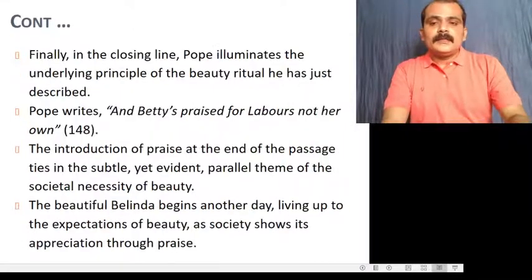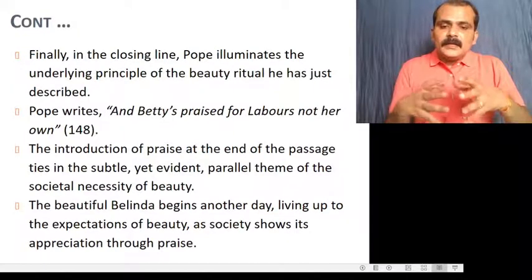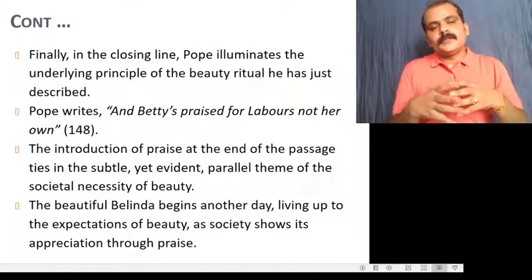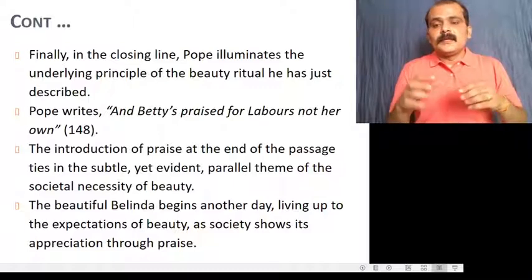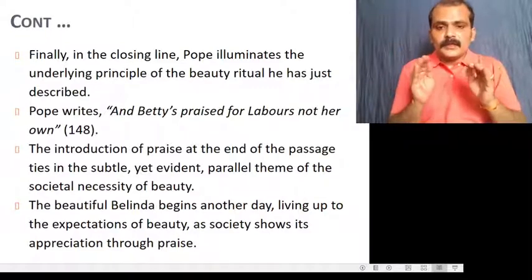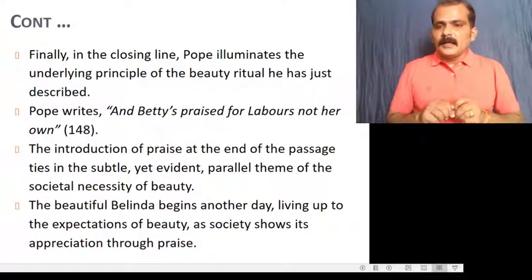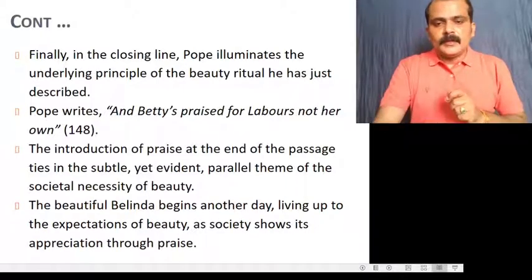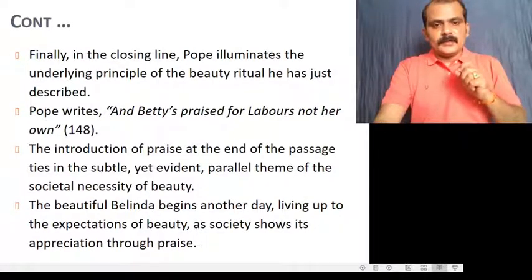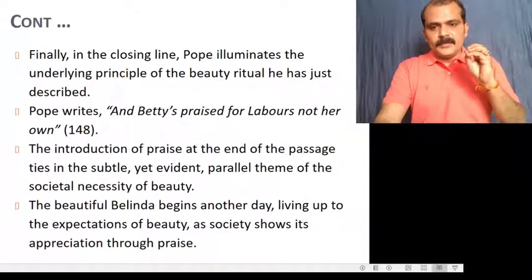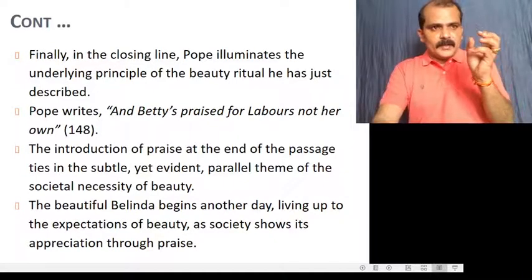At the end of Belinda's toilet, finally, in the closing line, Pope illuminates the underlying principle of the beauty ritual he has just described. Look at how Pope writes here.